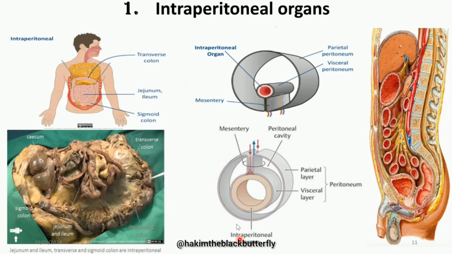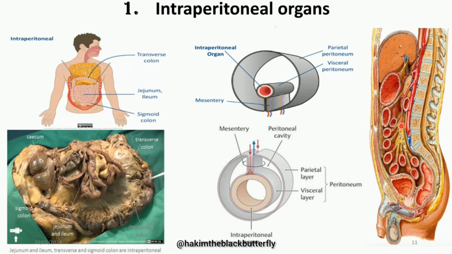Okay, one of the causes of intestinal obstruction. When they twist upon themselves, they can cause an obstruction. But the advantage here is that the mesenteries provide a pathway through which blood vessels will pass. For example, you can see this is our abdominal aorta.